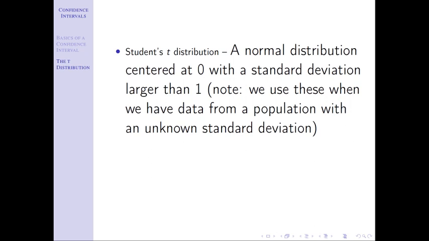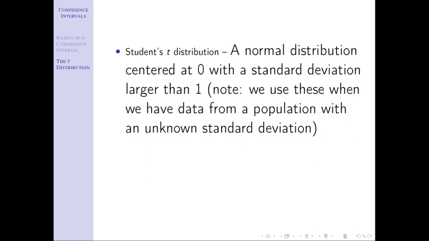And the idea is that we are going to use a t-distribution when we have data from a population with an unknown standard deviation. And this is one of those things where that statement can sometimes seem a little bit weird. And so I just want to focus in on when we use the t-distribution.